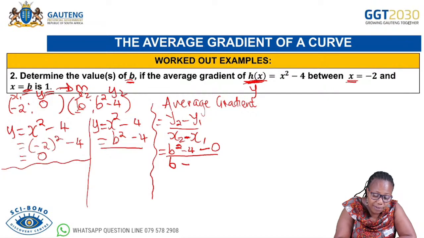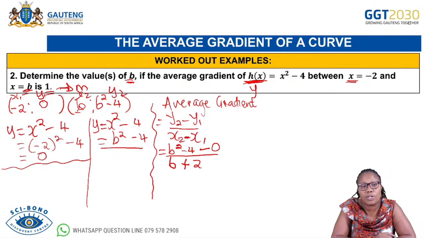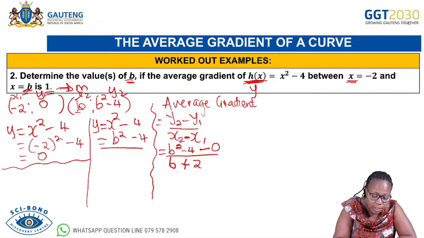So the minute we have negative by negative, it will change this to positive 2, grade 12. Okay, and remember now, this average gradient is given to us as being equal to 1. So we are going to equalize this to 1 that is given to us.